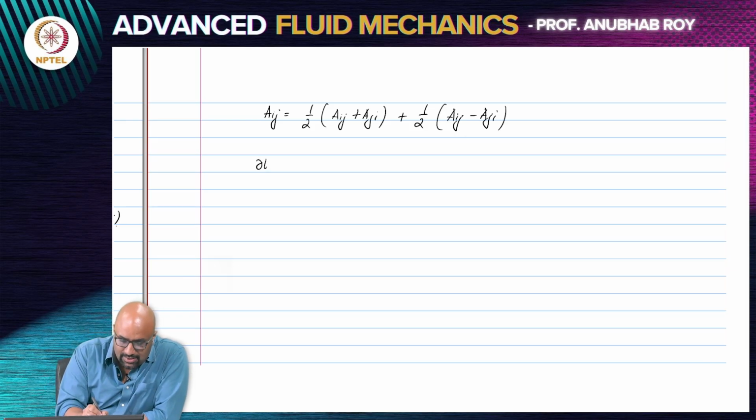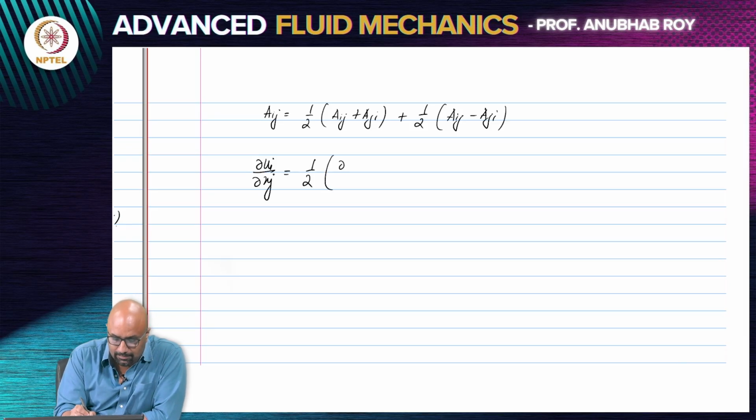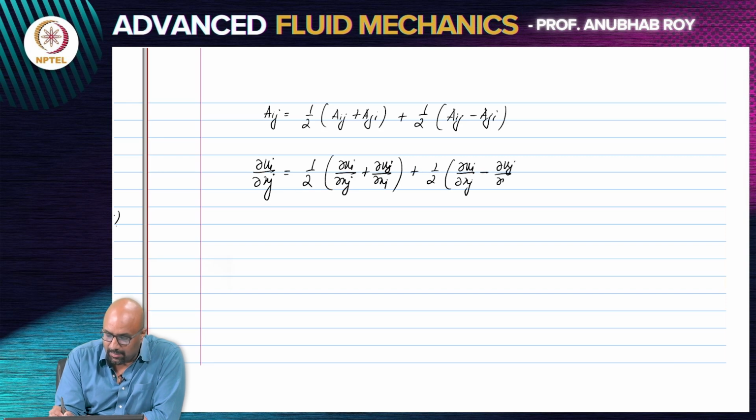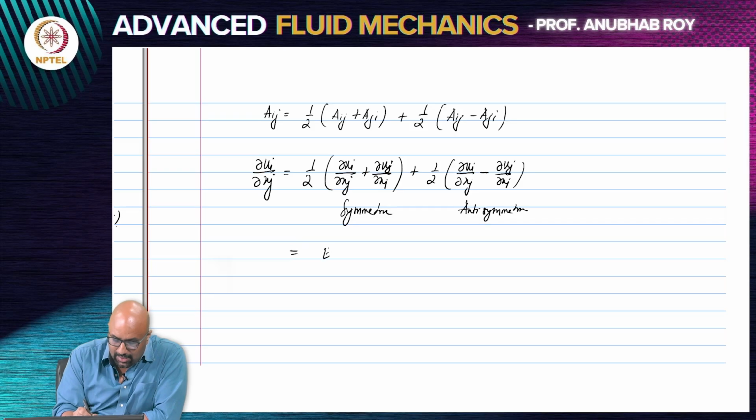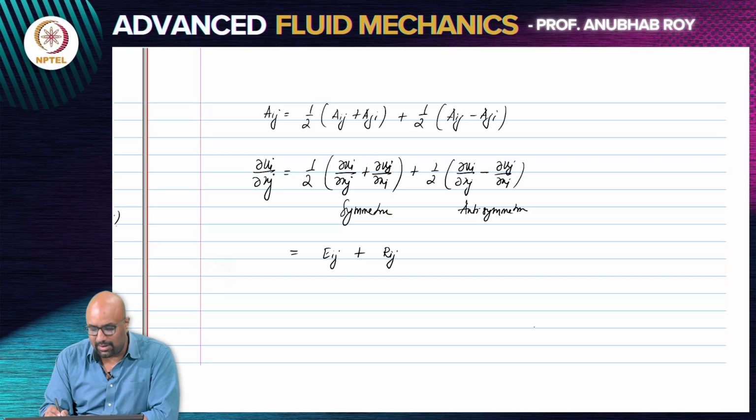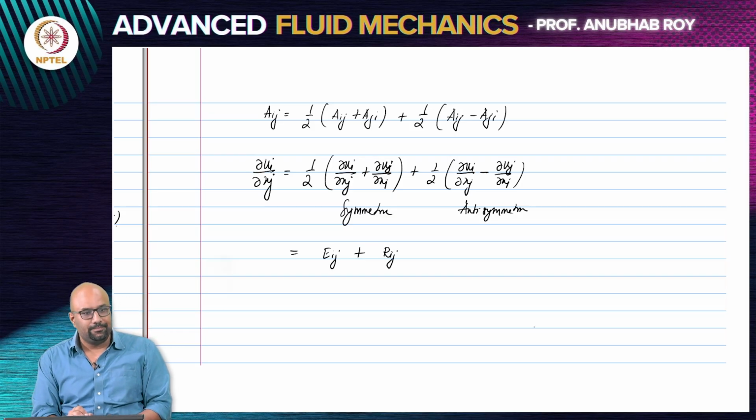In the case of velocity gradient, we can do the same exercise. We can write the velocity gradient in terms of a part that is symmetric and a part that is antisymmetric. The symmetric part is known as the rate of strain tensor and the antisymmetric part is known as the rotation tensor.